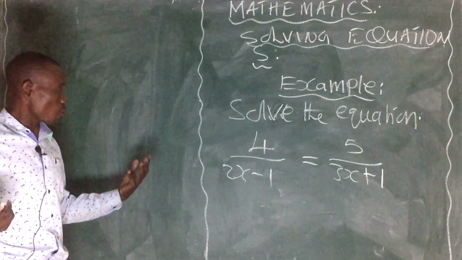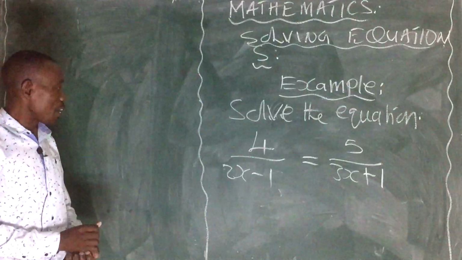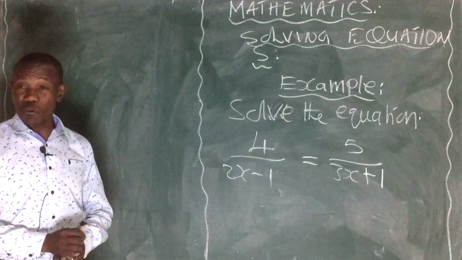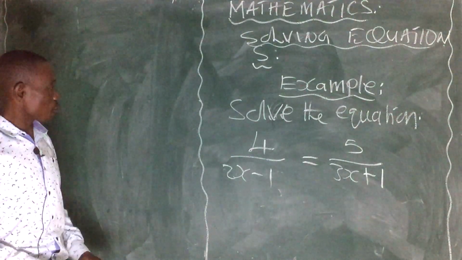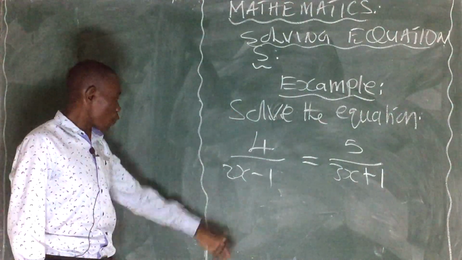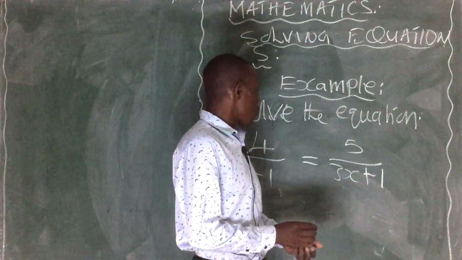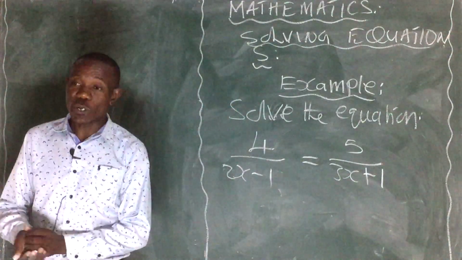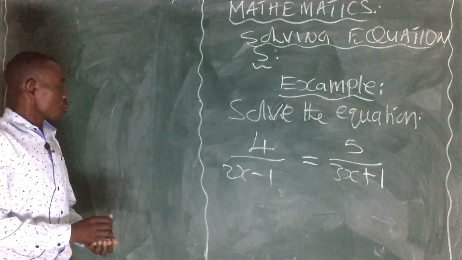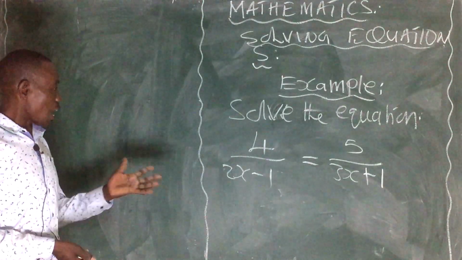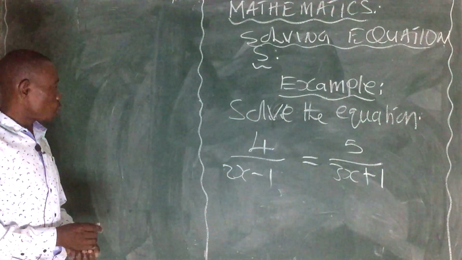If the equation contains y, then you find the value of y, and so on for any type of variable. So we are asked to solve the equation 4 over 2x minus 1 is equal to 5 over 3x plus 1.